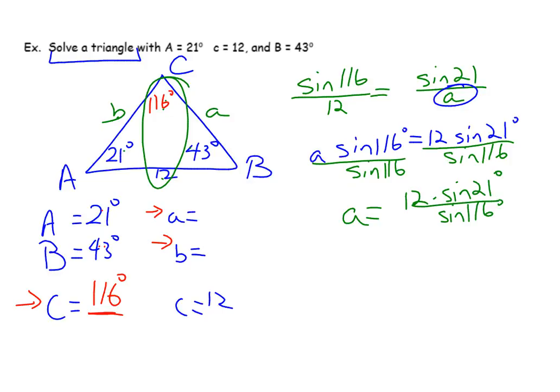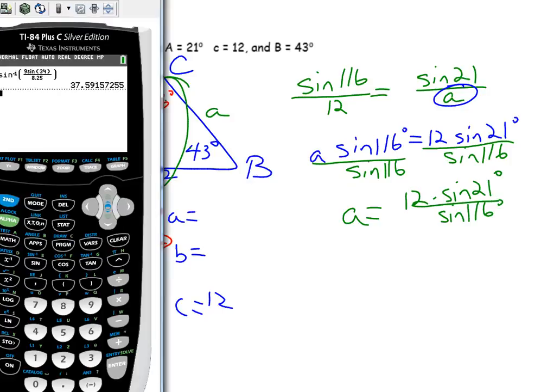Let's go ahead and type that in on the calculator now. Let me pull up the calculator. All right. So to do this, let's go alpha, y equals, and enter. This gives me a nice fraction that I can type. I'm going to go 12 times the sine of 21. Close the parentheses off to finish off that angle.